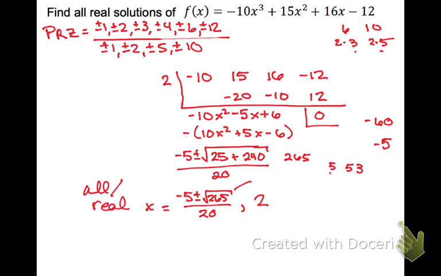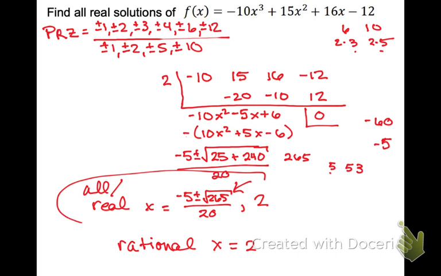No, because the square root of 265 is not a rational number, is it? Nope. So the only rational one is what? Is 2. But look back at the directions. What was I supposed to find? All real. So my answer here would be all of them. But on the last slides where I asked for rational, it would only be 2.